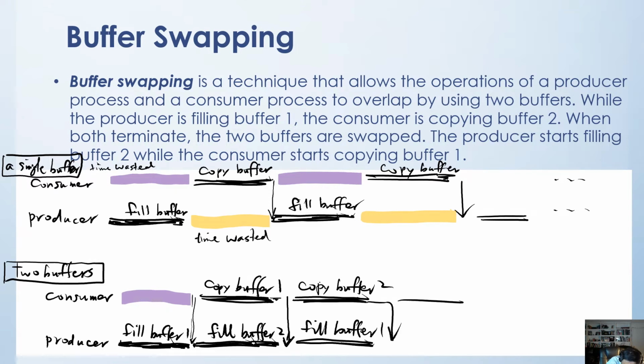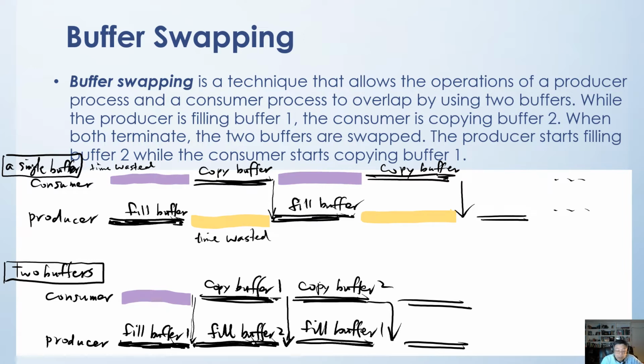So both the consumer and the producer are busy. When the consumer is copying buffer 1, the producer is filling buffer 2, and when the consumer is copying buffer 2, the producer is filling buffer 1. Hopefully, filling a buffer and copying a buffer take approximately the same amount of time.